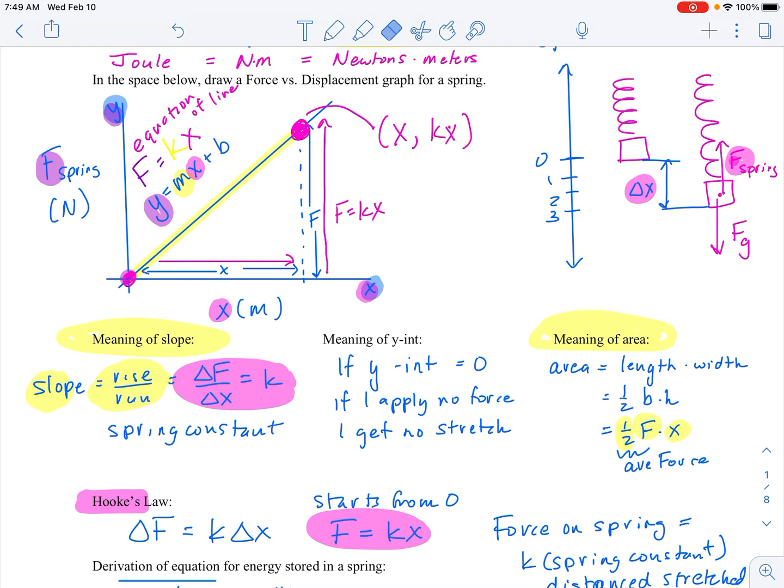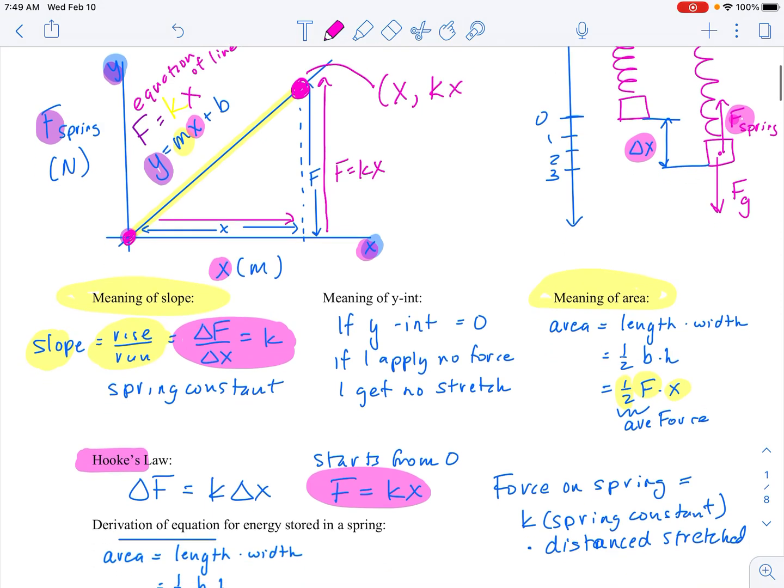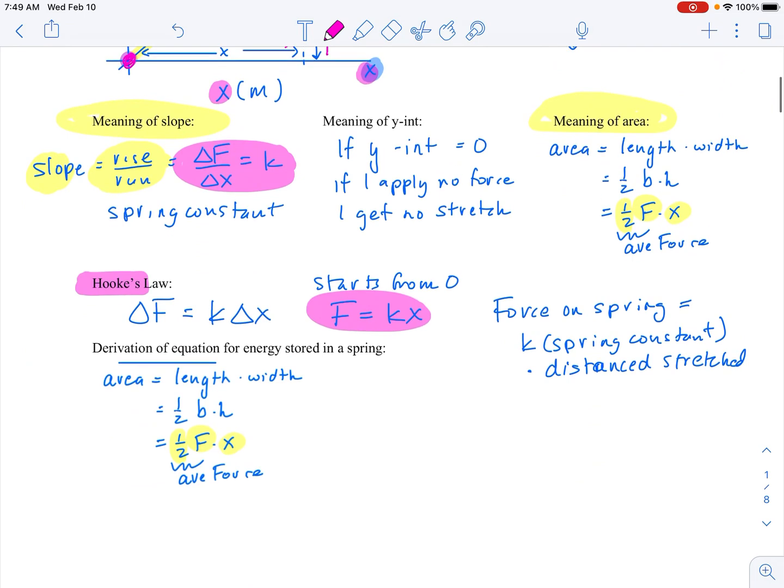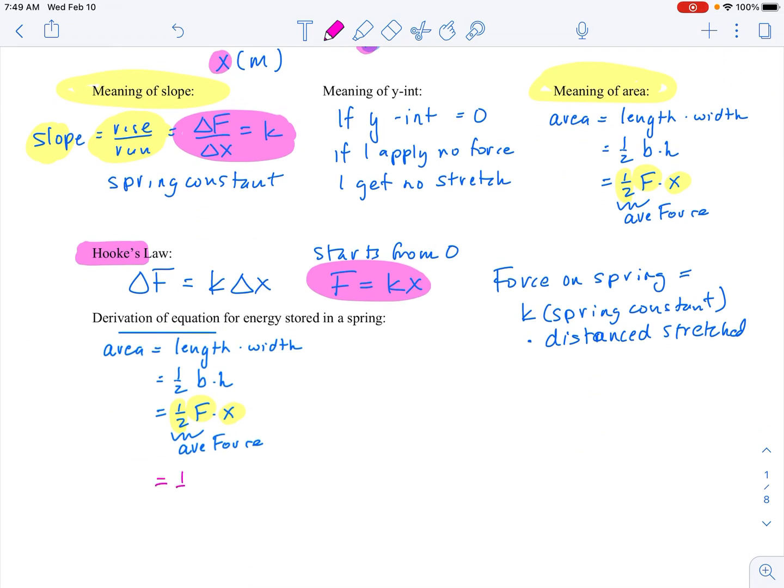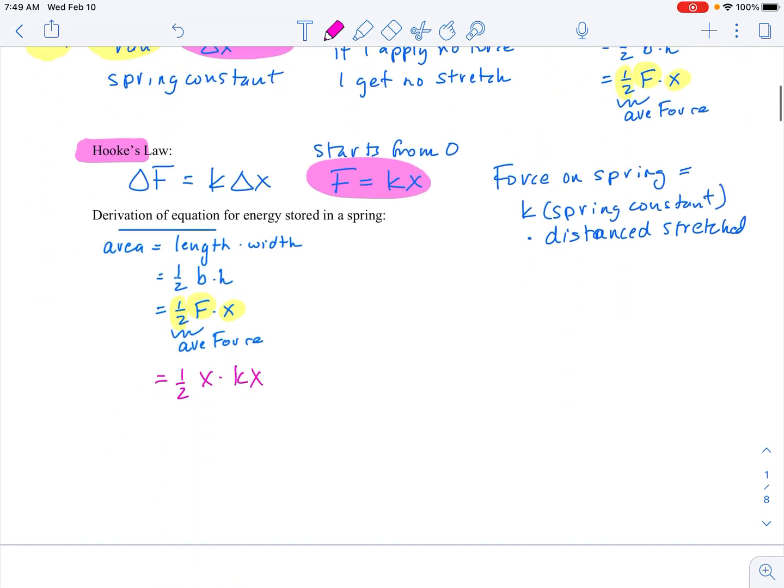And I'm going to bring that concept down below. Again, x is the base of my triangle and kx is the height. So if I plug in x and kx for my base and my height, I end up with 1/2 times k times x, or 1/2 kx squared.